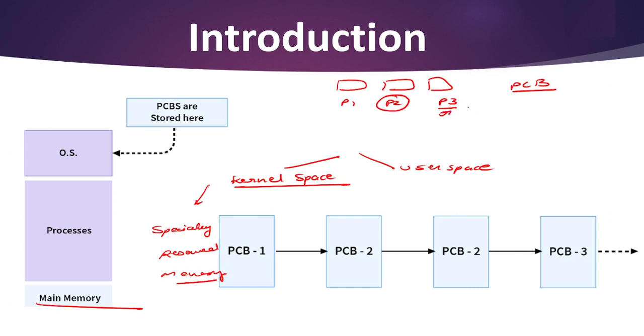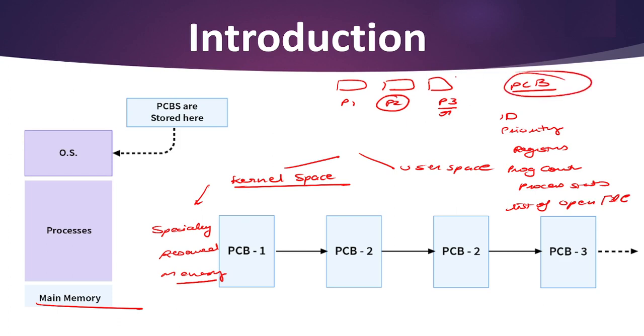Okay, so it is unique for every process, which consists of various attributes like the process ID, priority of a process, registers of a process, program counter, process states, and list of open files. List of open files, right? So everything is unique in every process under PCB, right?